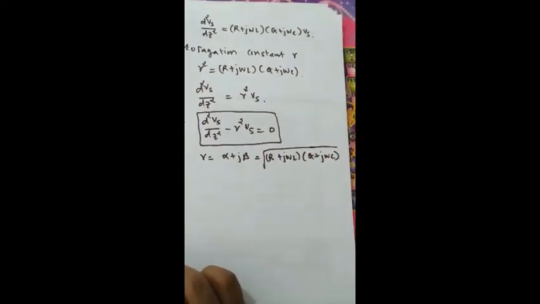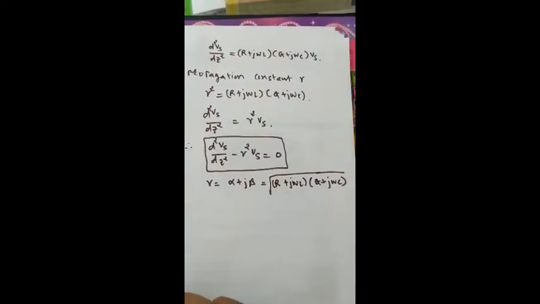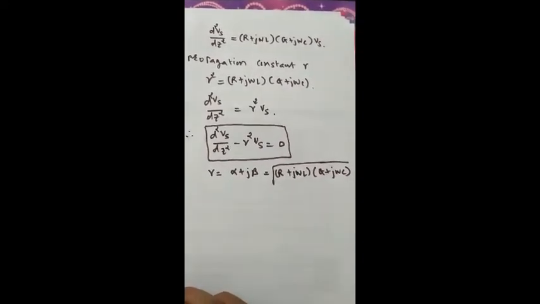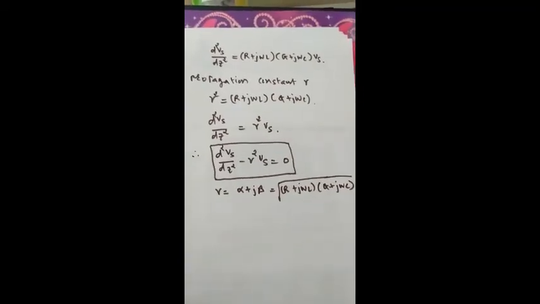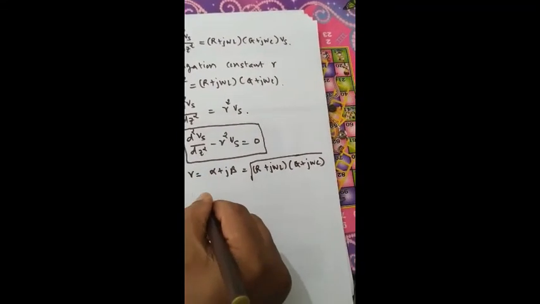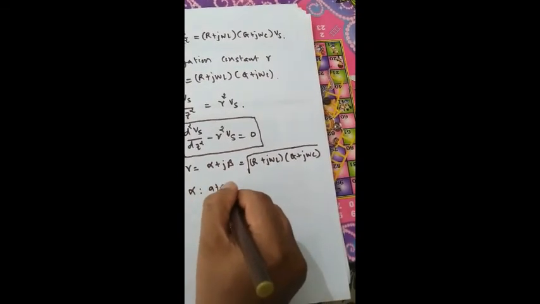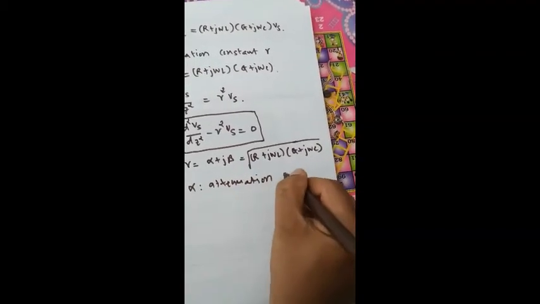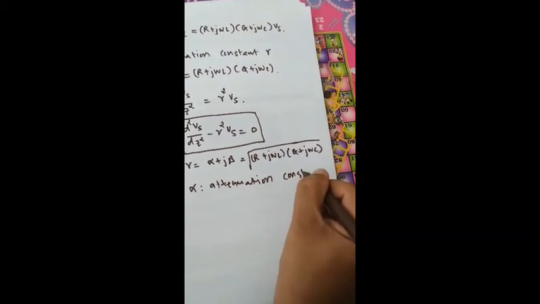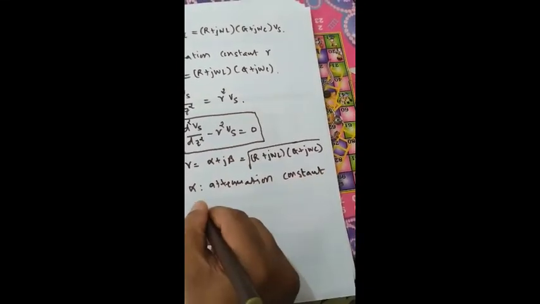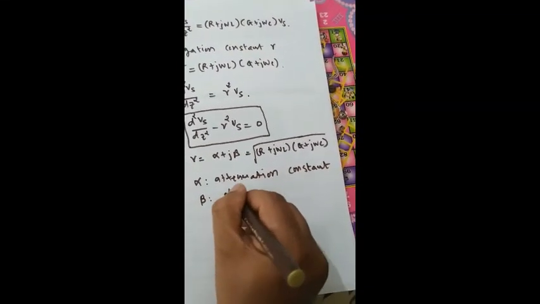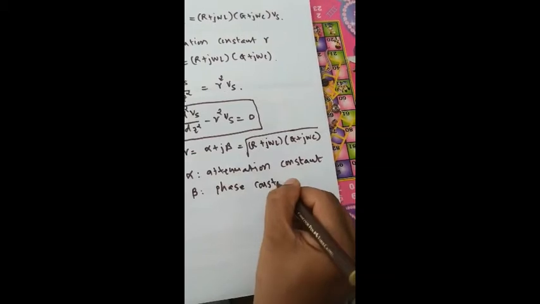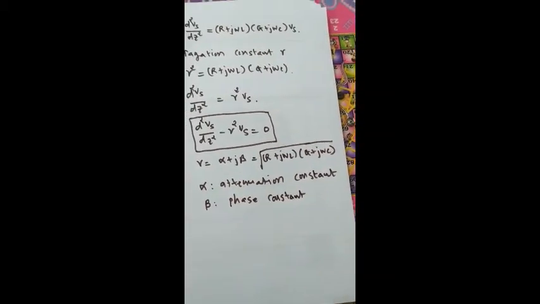So finally we have one very important parameter of a transmission line, which is nothing but a complex number. Here the alpha can be considered as the attenuation constant, where the beta is called the phase constant of the line.